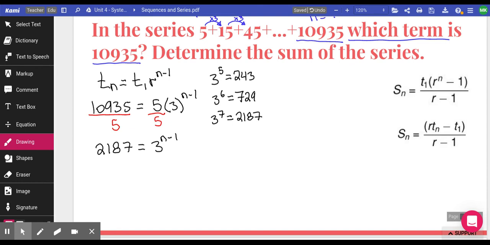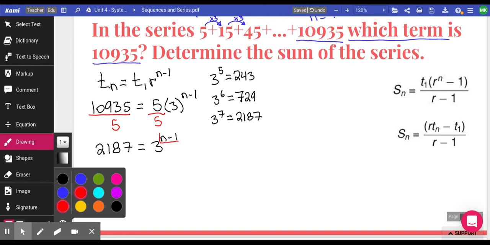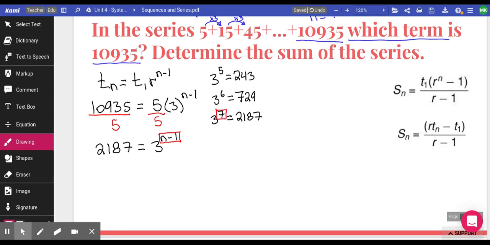So that tells me that this must be 7. The only way that's 7 is if n equals 8. So that's the answer to the first part of my question. 10,935 is the 8th term.